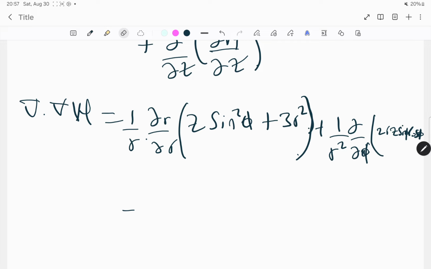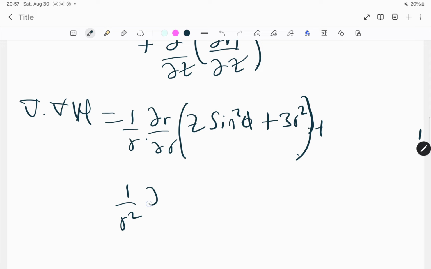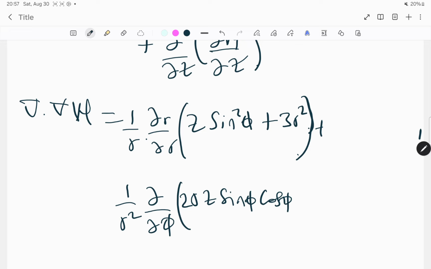Okay, let me just cancel the whole of this so that we put this here. So I have here plus 1 over r squared. Then this with respect to phi. So the first one we have rz 2 sine phi, right? Then after that we differentiate, get cos phi as well.